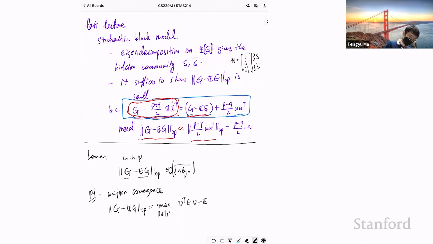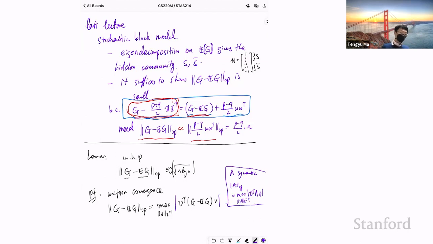This is just because, for a symmetric matrix A, the definition of the operator norm, with an absolute value here, is exactly the maximum quadratic form that you can achieve by hitting it with a norm-one vector.